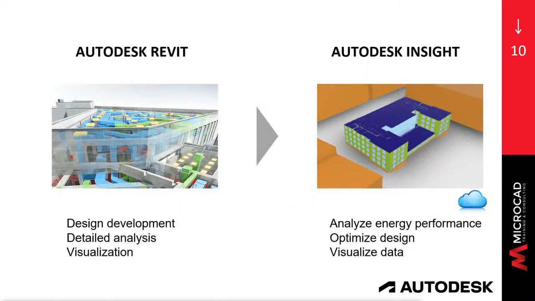So that becomes like a back and forth of you resending the model from Revit out to Insight to be analyzed. And that way you can end up really optimizing your data. And the beauty about Insight is that it is very easy to understand and read the data in Insight.